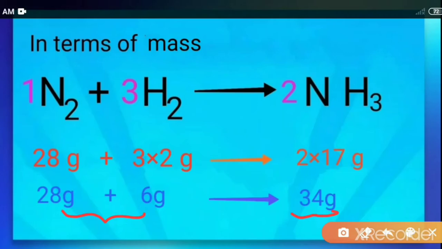That shows that in a chemical reaction, neither is mass created, nor is mass destroyed. That means the mass before the reaction and after the reaction is the same. That is the law of conservation of mass. So this is the definition in terms of mass.